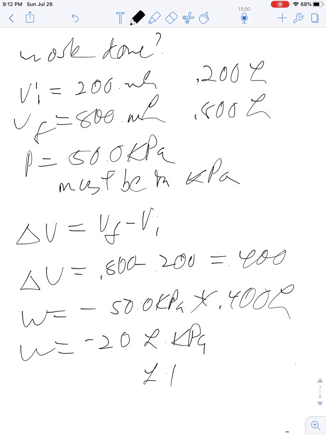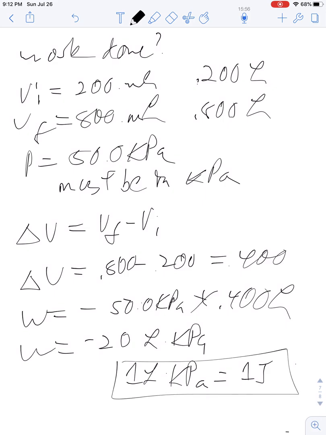Well, a liter times a kPa is equal to a joule. That's something to remember. A liter times a kPa is a joule. So my answer would be negative 30 joules of work has been done. Work and heat are always measured in joules.